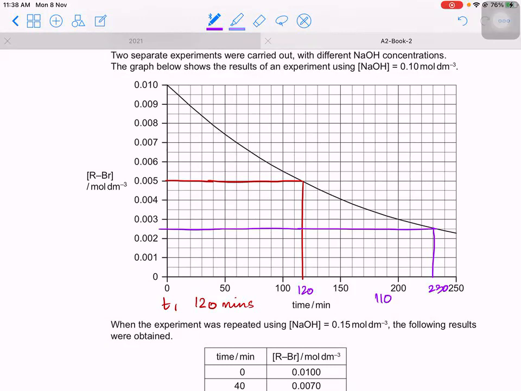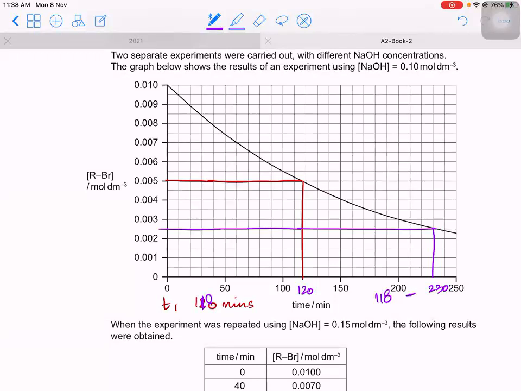It's the same as 120 because I took this as 120. This is not really 120. It's a little less than 120. Do you see it's not exactly falling on 120? This is roughly 118. So this is 118 and this is 230 minus 118.